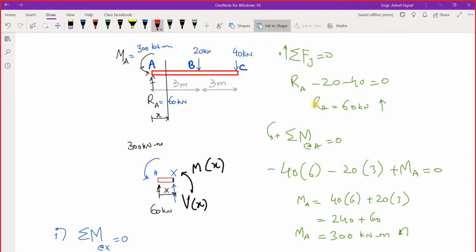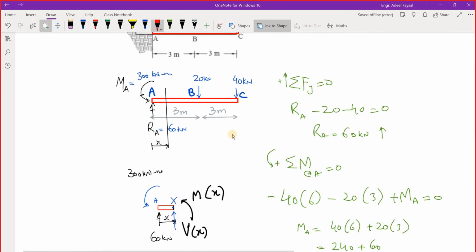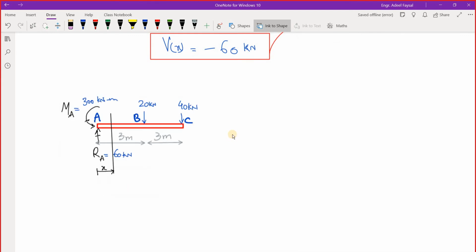So let's redraw this. And this time consider section between B and C. Somewhere over here. Now x has this origin at the same point as we selected before, A. A is the origin for x.